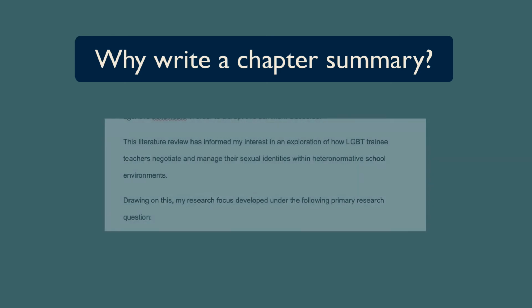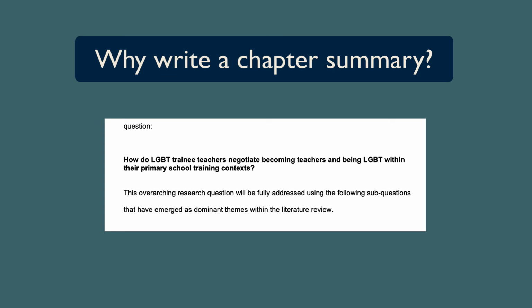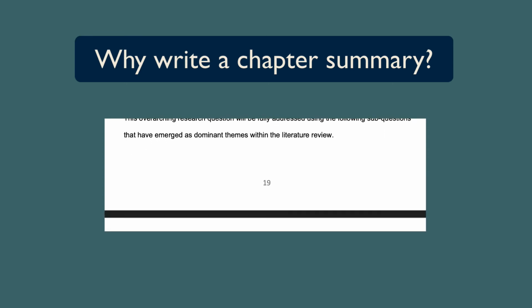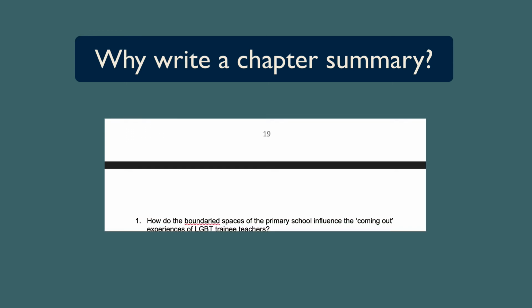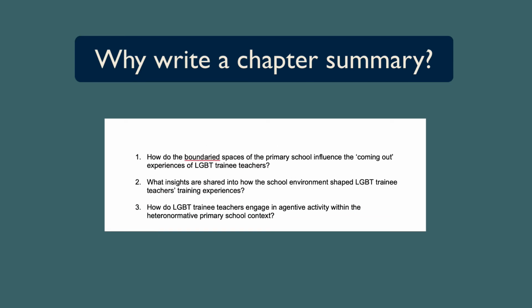This final section of the chapter summary, however, reminds the reader of the overall research question and also takes the opportunity to explain that engaging with the research literature led to the development of more precise sub-questions.